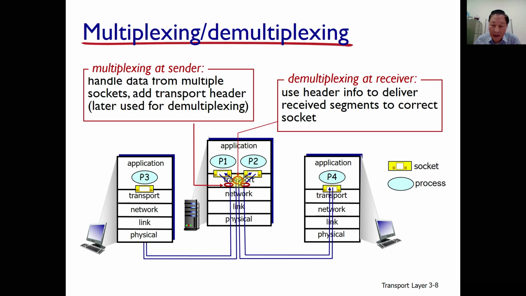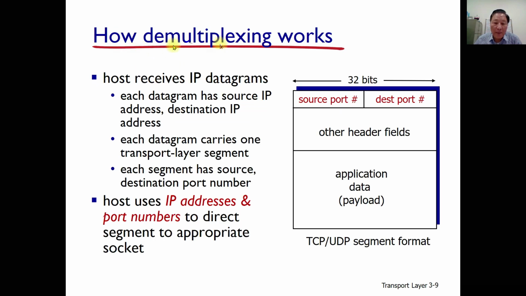And demultiplexing at the receiver uses header information to deliver received segments to the correct socket, to deliver to the corresponding application process, or in our analog example, to the corresponding kid in Bill's house. Then how does demultiplexing work?